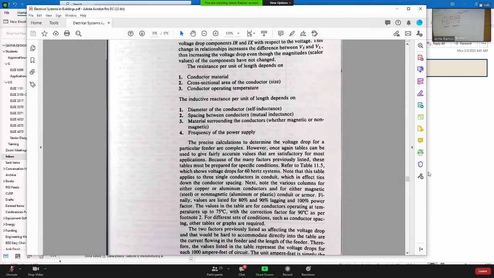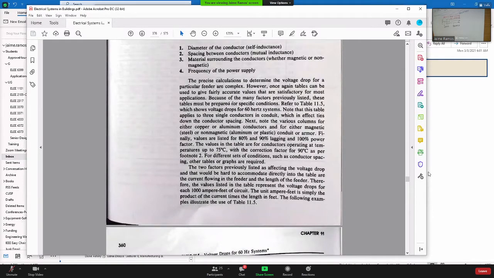And then resistance depends on conductor material, copper or aluminum, cross-sectional area, size, and the temperature. The inductance depends on diameter, spacing, magnetic materials, the conduits, whether magnetic or not magnetic, and the frequency.